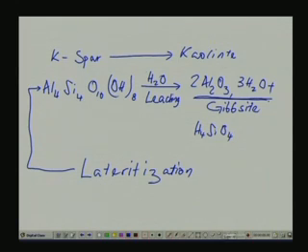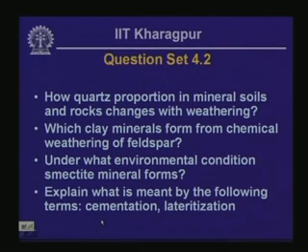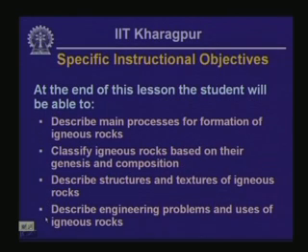That is one of the chief sources of the development of this kind of mineral ore. Okay, so that takes care of all the questions of the previous question set, and now we continue with the subject matter of this particular lesson.